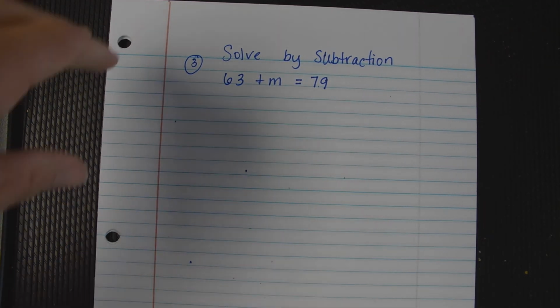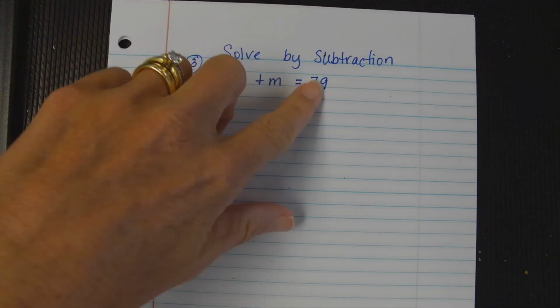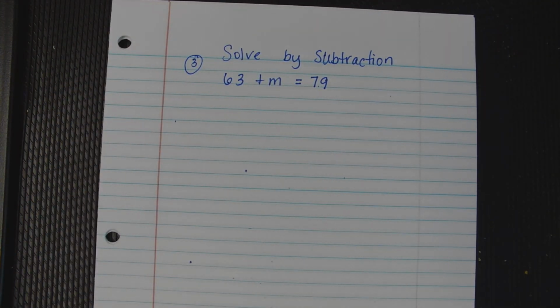That is 79. My marker is bleeding through. Sorry about that. So 63 plus M equals 79.